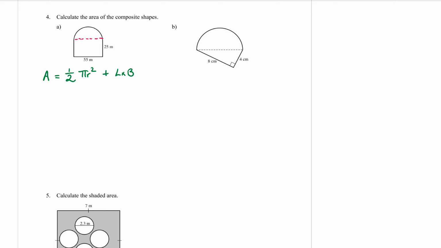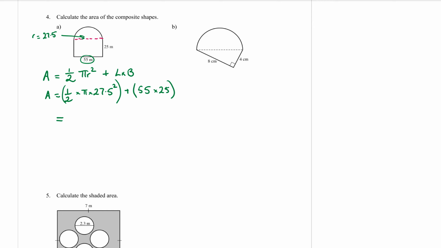Substituting in on the second line, the radius of my circle, this 55, would actually be the diameter. So the radius would be half of that, which would be 27.5. So half times pi times 27.5 squared. That's the area of my half a circle. Plus, now for my rectangle, the base or the length times the breadth, which is 25.